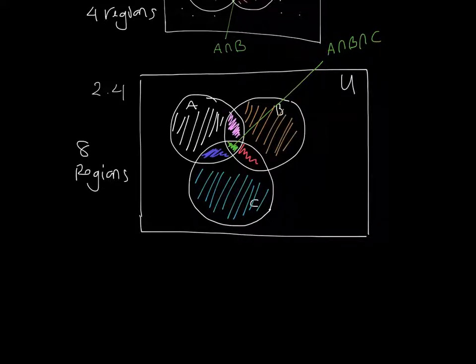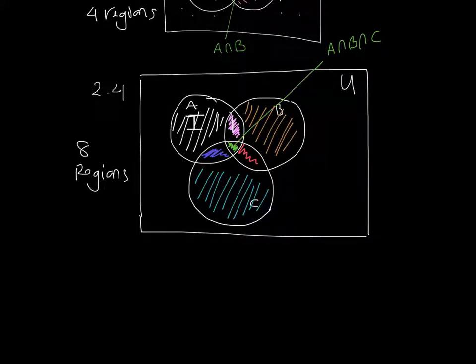Now the book, on page 86, calls the white part region 1. It doesn't have to be region 1. You can call this region 1 or this region 1. It's just to label your regions, so you can refer to them later.